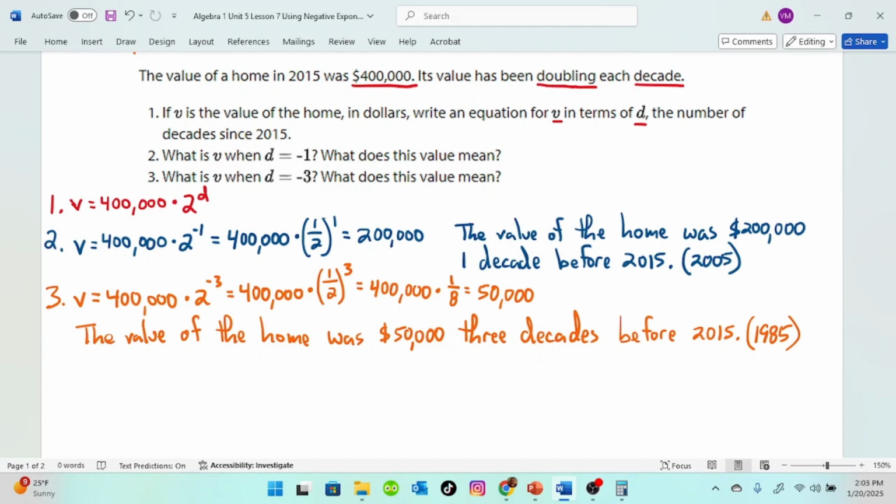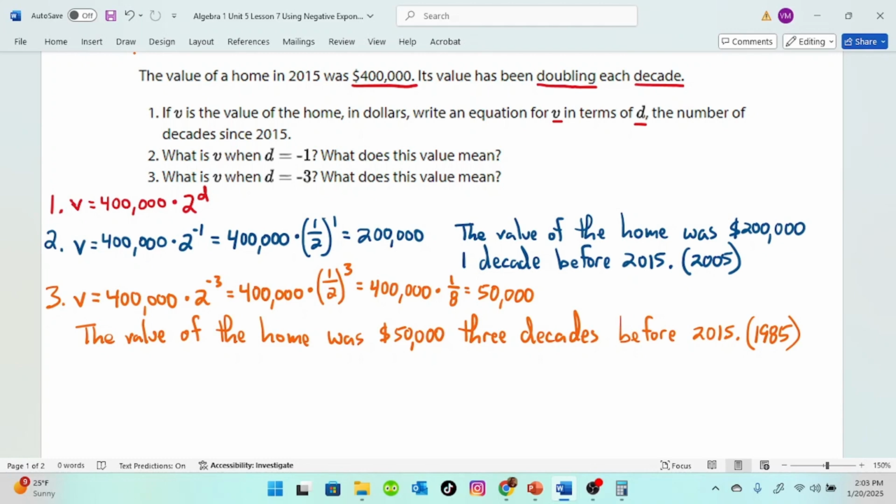So again, the negative exponent means 2 things. Number 1, it means we're looking at a time in the past. So here we're talking about decades. So -1 means 1 decade before 2015. -3 means 3 decades before 2015.